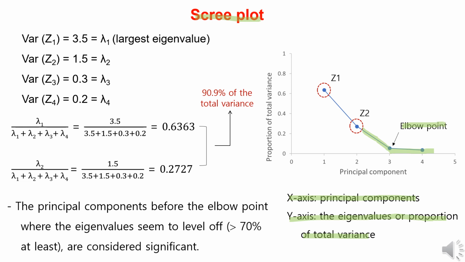We should select the principal components to the left of this elbow point. Another method is to choose the principal components that together contribute to a cumulative proportion of 70% or more. In this case, since the combined value of z1 and z2 exceeds 70%, we select z1 and z2 as principal components.